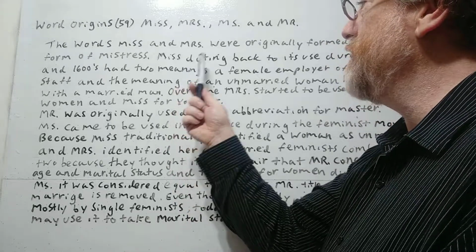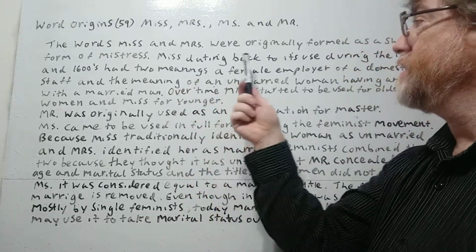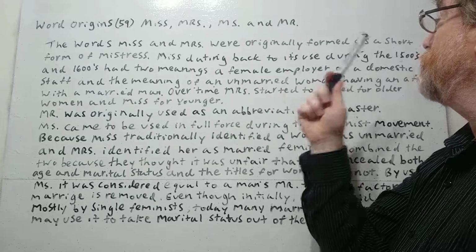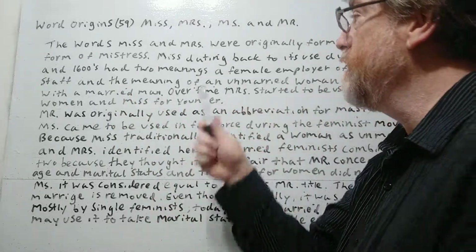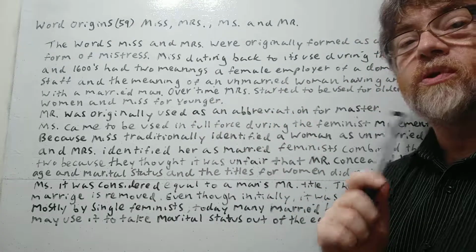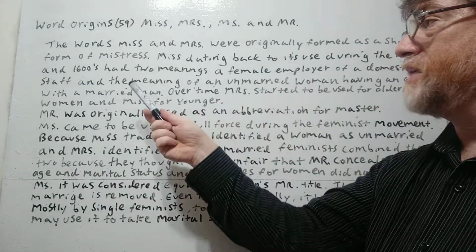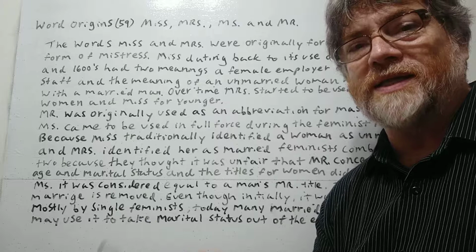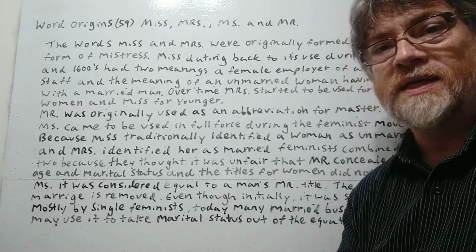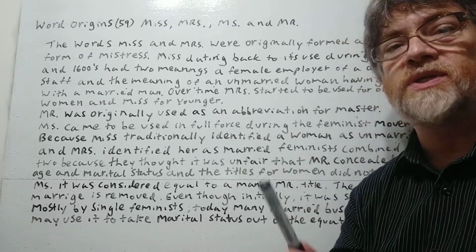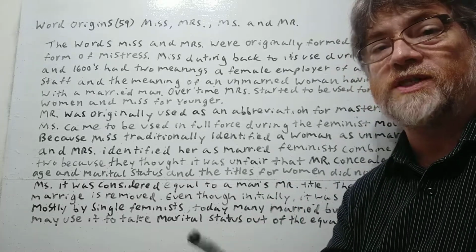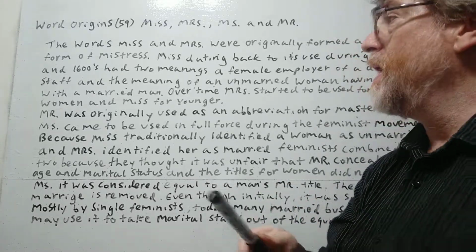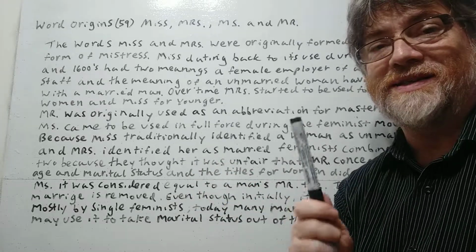Dating back to its use during the 1500s and 1600s, it had two meanings. A female employer of a domestic staff, which probably ended up being the wife in most cases. The head woman of the house was probably the one who hired maids and butlers and such, especially in rich families. So that's how it got that meaning.